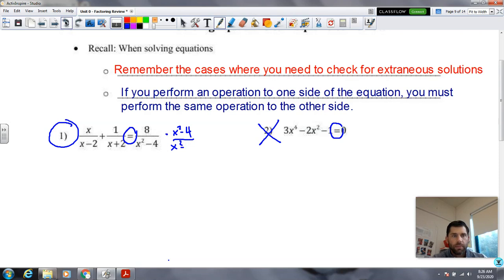To keep an equation balanced, and that's why I put that second bullet point up here, if you perform an operation to one side of the equation, you must perform the same operation to the other side. So I could multiply this side of my equation by 1 million if I wanted to, as long as I also multiply the other side by 1 million. That's what we can use to our advantage when we're solving equations, which is so different than when we're just simplifying an expression.